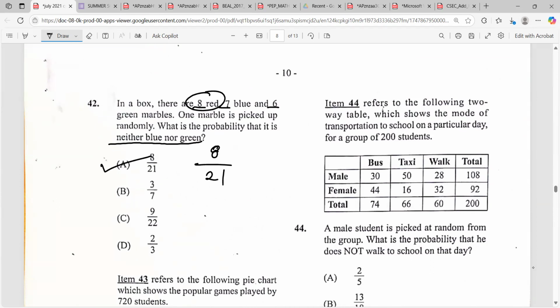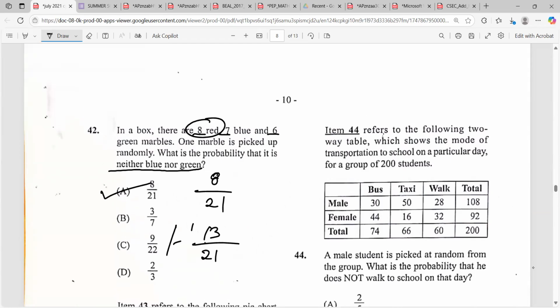The probability of picking a blue or a green would have been 13 out of 21, right? And then you subtract that from the whole. So the denominator will be the same, 21. Now we subtract, we get 8 over 21. But we understand it, right? If you're not picking a green or a blue, it means you already have a red.